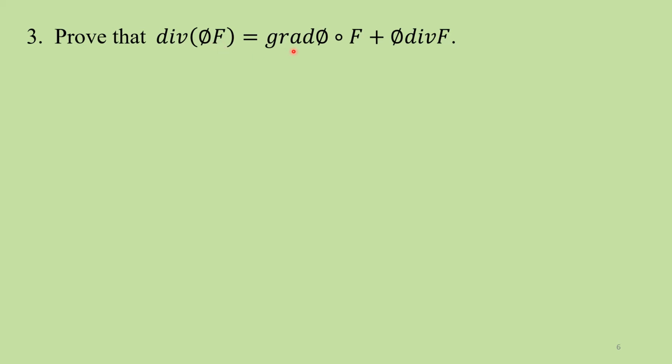Now how can we remember this? For that we just make use of the basic property which we know. Suppose a and b are two vectors and phi is a scalar, then a dot phi b, this phi being a scalar we can shift anywhere we want.